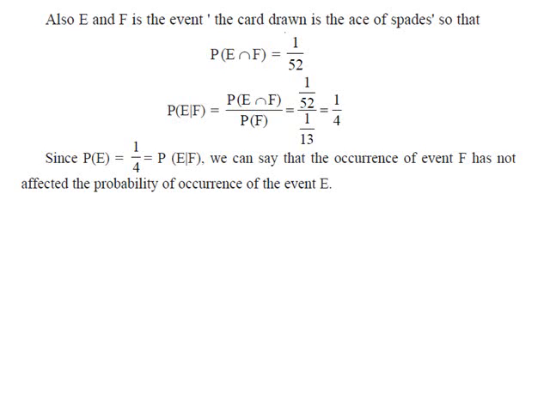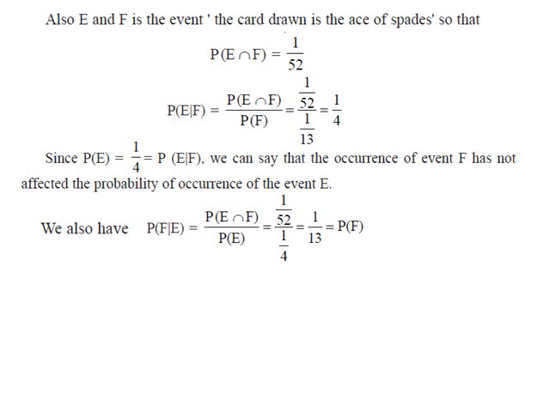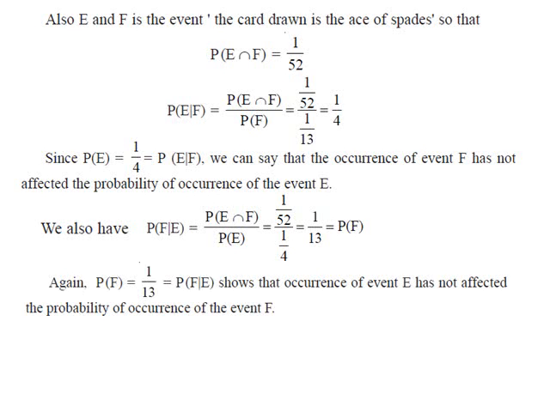Since probability of E equals 1 by 4 and probability of E given F is also 1 by 4, probability of E given F equals probability of E. So we can say that the occurrence of event F has not affected the probability of occurrence of the event E. Students, we also have probability of F given E equals probability of F intersection E upon probability of E equals 1 by 52 upon 1 by 4 equals 1 by 13, which equals probability of event F. Again, probability of F given E equals probability of F. It shows that occurrence of event E has not affected the probability of occurrence of the event F.